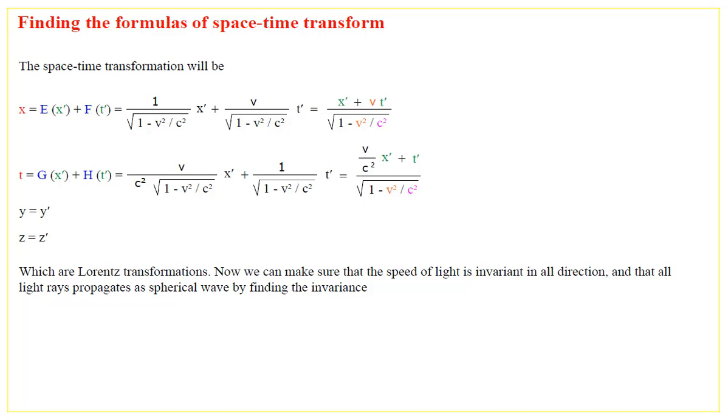Now we can make sure that the speed of light is invariant in all directions and that all light rays propagate as a spherical wave by finding the invariance: x square plus y square plus z square minus c square times t square equals x prime square plus y prime square plus z prime square minus c square times t prime square.